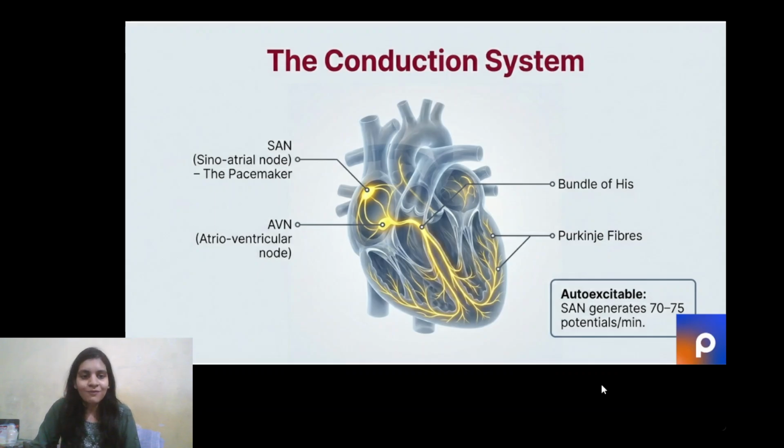Then in the ventricles we have a bundle of fibers, called the bundle of His. And these bundles of His radiate into small fibers throughout your ventricular musculature, and these are called Purkinje fibers. So the sinoatrial node generates around 70 to 75 potentials per minute, around the same as your heart rate. All right, ma'am, now I understand, and this is such an interesting system.